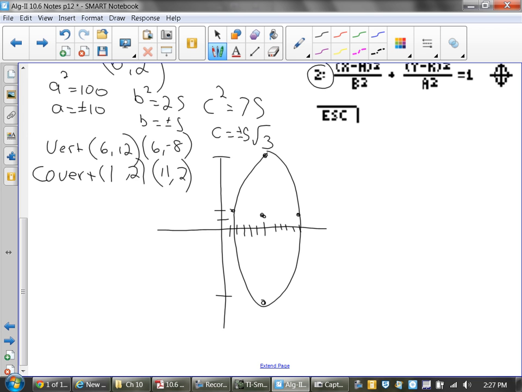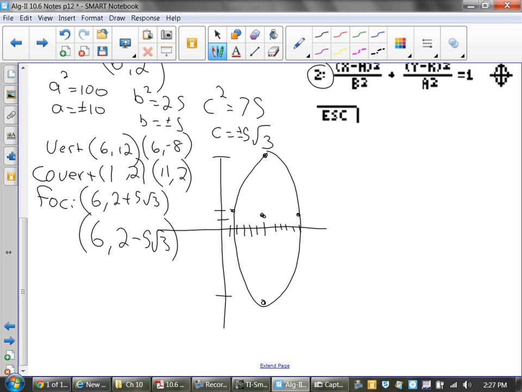Lastly, I got to put in the focus. Again, with the focus, all I'm doing is adding it to the y value. Remember, the focus and the vertex, always look at the focus. So my x value is always going to be 6. It would be 2 plus 5 root 3, and 6, 2 minus 5 root 3.